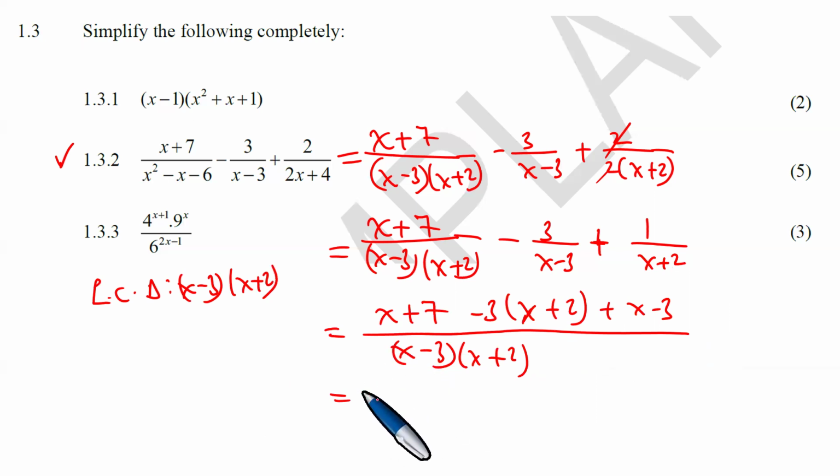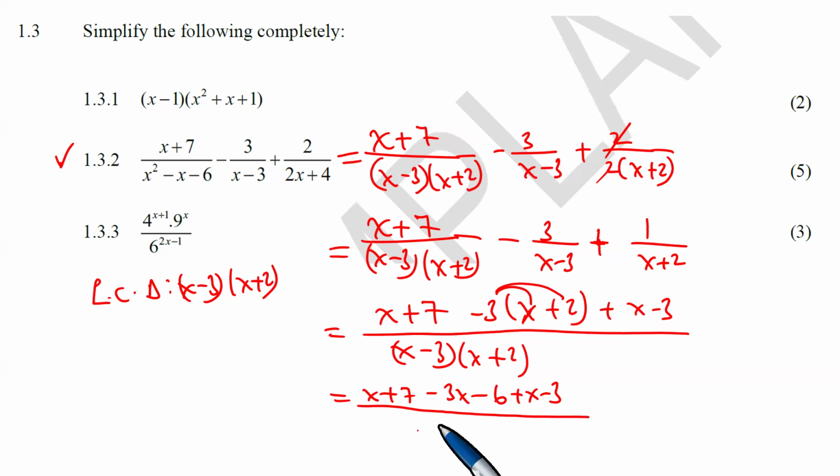Now we have x plus 7. Then we distribute here: minus 3 times x is minus 3x, minus 6, plus x minus 3, all divided by x minus 3, x plus 2.